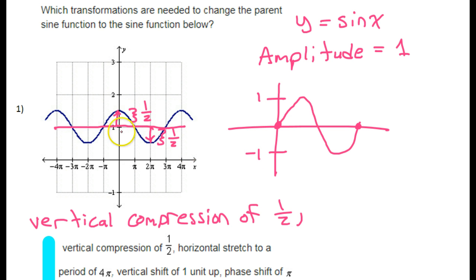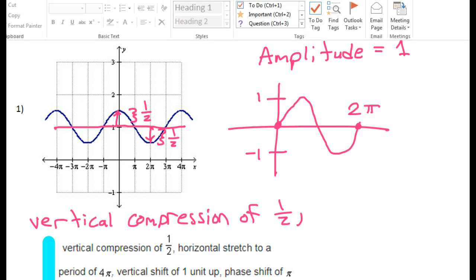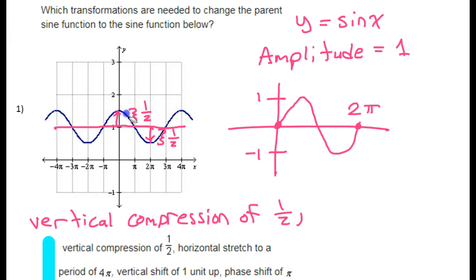Okay, now what about horizontally? Well, normally one cycle of the sine function is a length of 2 pi on the x-axis. In other words, the period is 2 pi. Now, let's see, what's the length of one cycle on this particular graph?